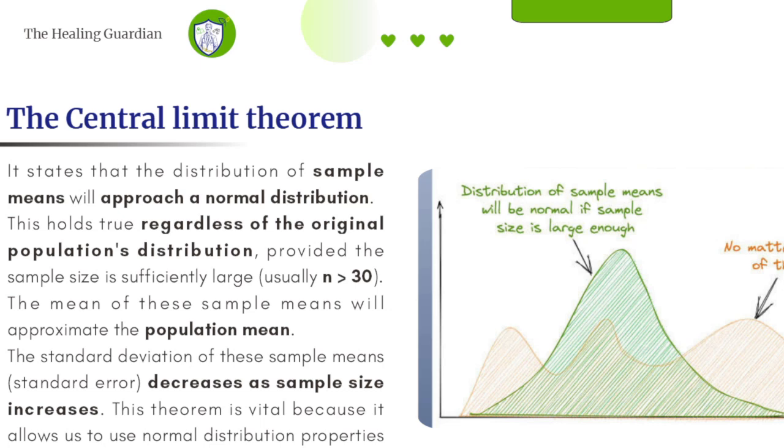As long as I'm getting their sample means, they will approximate a normal distribution. That is what the central limit theorem says. So it depends on the sample size. If the sample size is small, then the central limit theorem cannot apply.